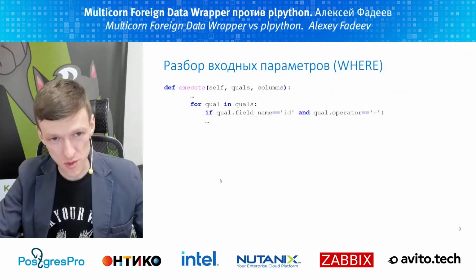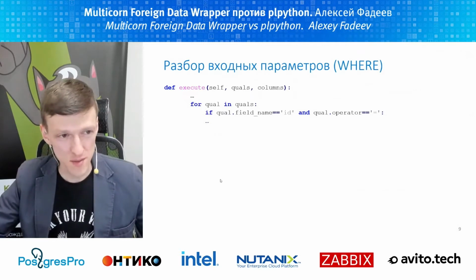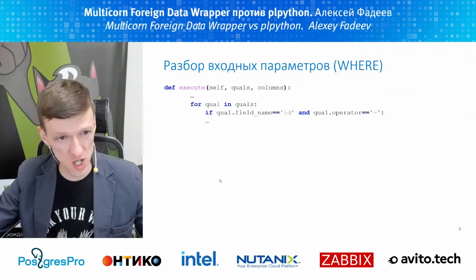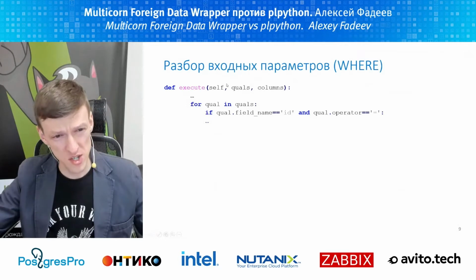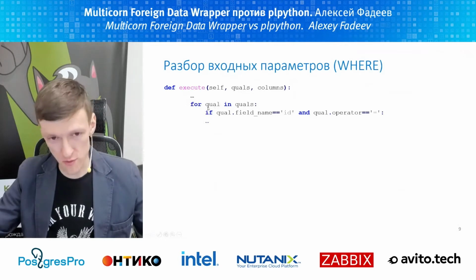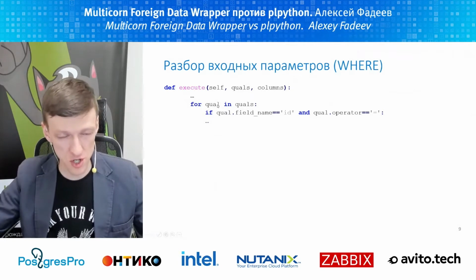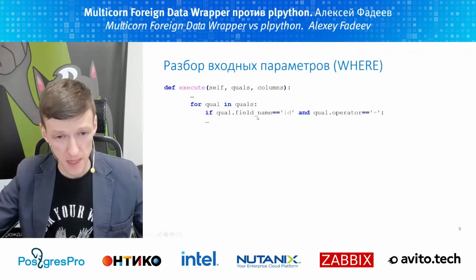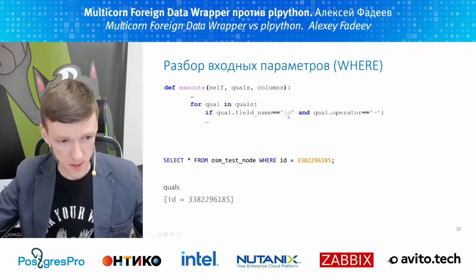Let's see how Multicorn is organized and how it operates with where, with input parameters. In the execute function, we have the quals parameter, and these are our WHERE conditions. This quals is an array. It is viewed, and there might be several conditions of where, but in our case we have one. It has a field. Wall has a field.